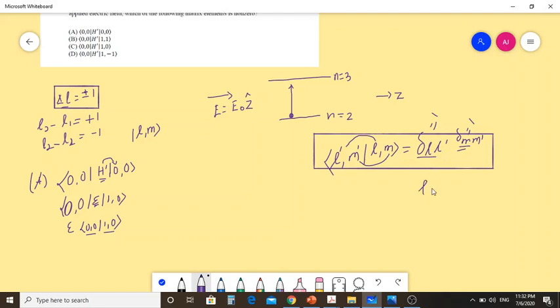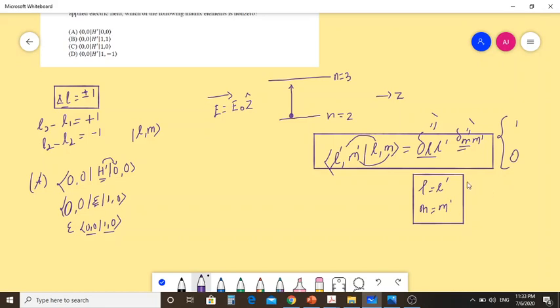So only when L equals L prime and M equals M prime does this integral go to 1. Suppose these two are not equal, what would happen? The integral goes to 0.